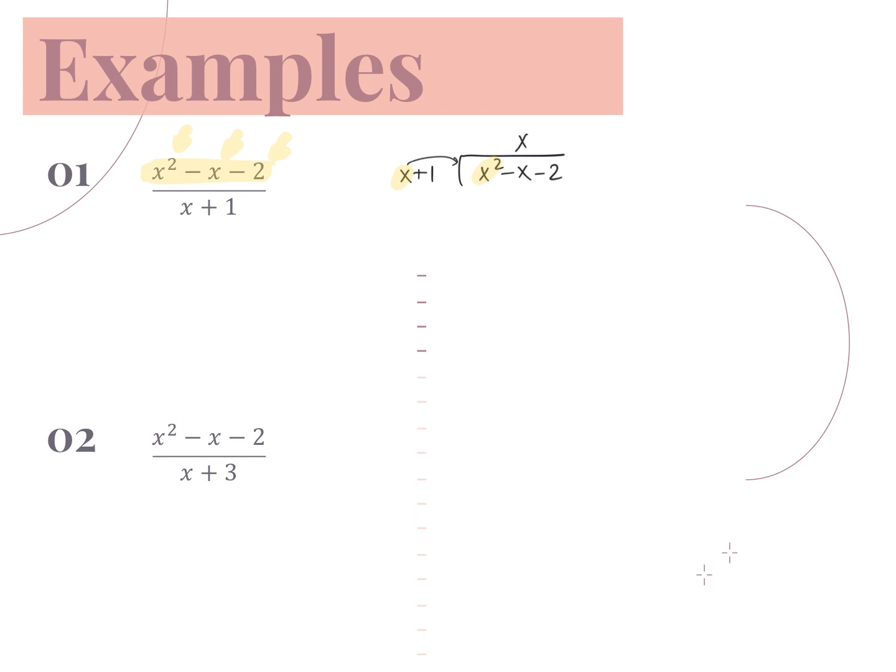Now, I like to put the x above the term in the dividend that has an x as well. That's an x to the first power. So I could do, like I said, x squared divided by x is x, or x times x is x squared. Either way, I'm going to get that x up there, and now I'm going to multiply x plus 1 by that x, and I'm going to get x squared plus x.